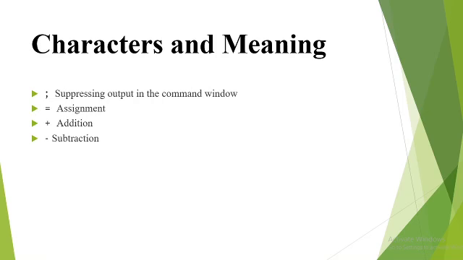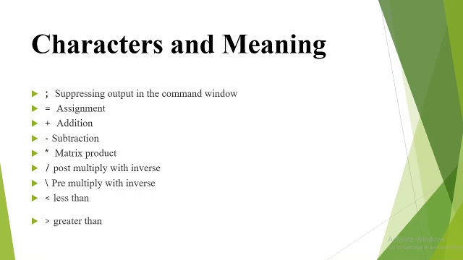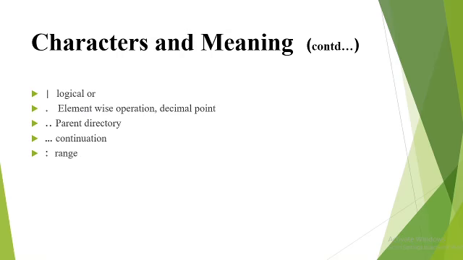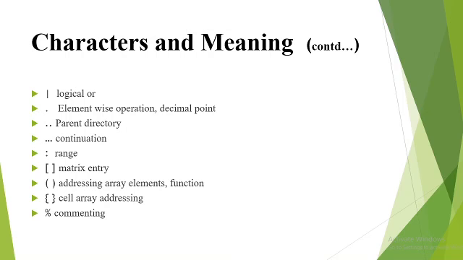Plus sign indicates addition, negative sign indicates subtraction, star indicates matrix product, and forward slash indicates post multiply with inverse. Less than and greater than symbols are relational operators, and logical operators are also available. Dot indicates element-wise operation. Square brackets are used for matrix entry, and percentage sign indicates commenting.